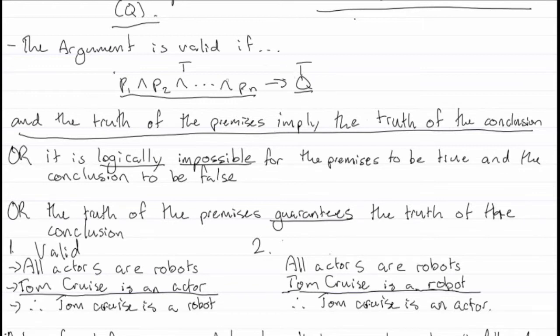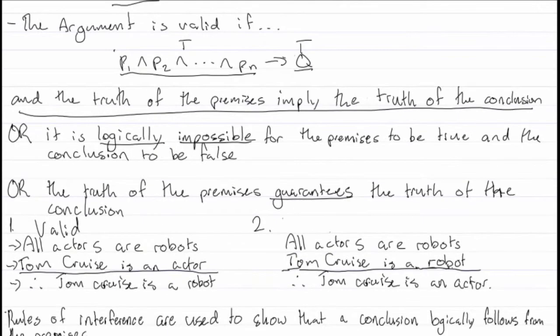So that's how you say that something is invalid. If you ever wanted to prove that a statement is invalid, you can write out a truth table, because all this is an implication. If all your premises are true, and you find a situation where they're all true and the conclusion is false, you will then show that your argument is invalid.